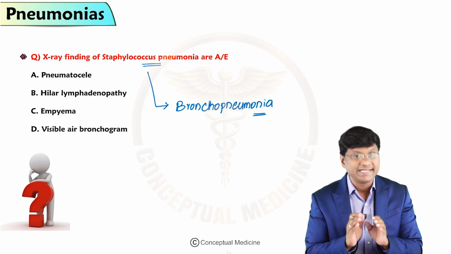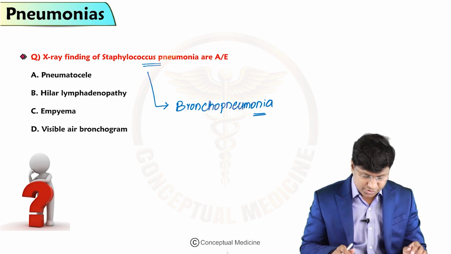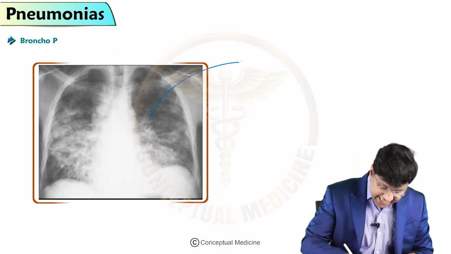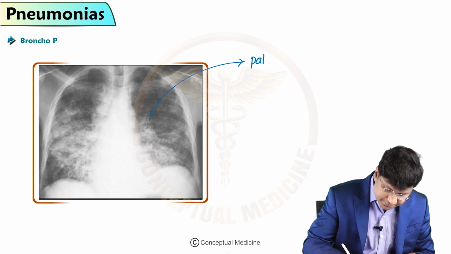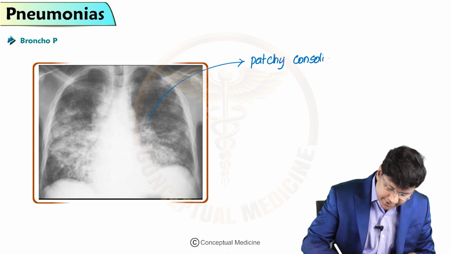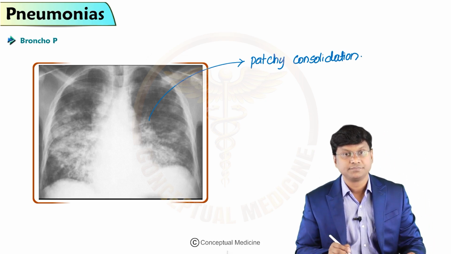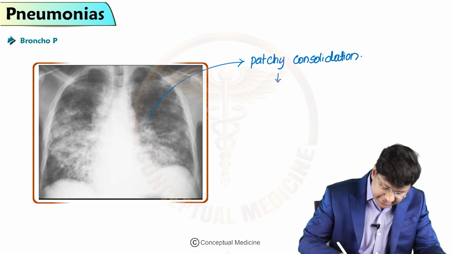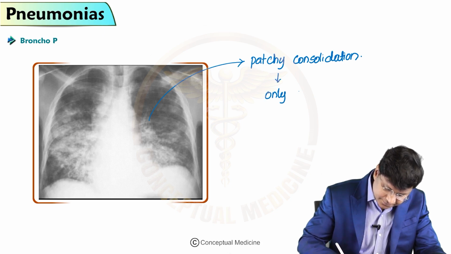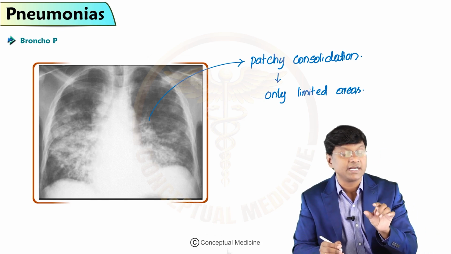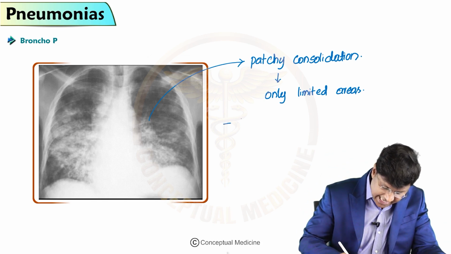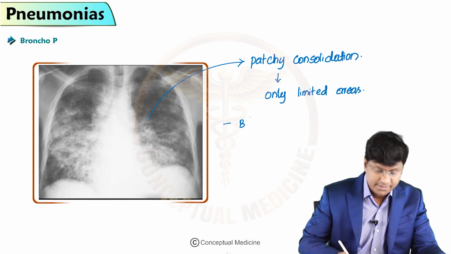Now, the consolidation you will have in Staphylococcus aureus is patchy consolidation. Only limited areas are consolidated, and as the name itself suggests, that is bronchopneumonia.